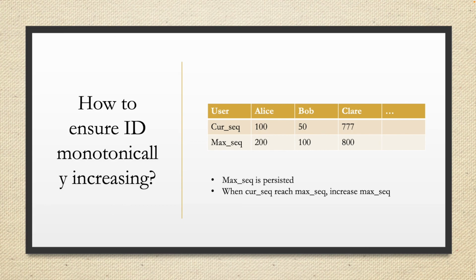If the current sequence reaches the max sequence, then it will increase the max sequence and update the storage. If the server is restarted, then the new server will read the max sequence and start from it to generate the current sequence. With this solution, if there's a server restart, we can see the sequence jump, but it's ensured that the ID is monotonically increasing.